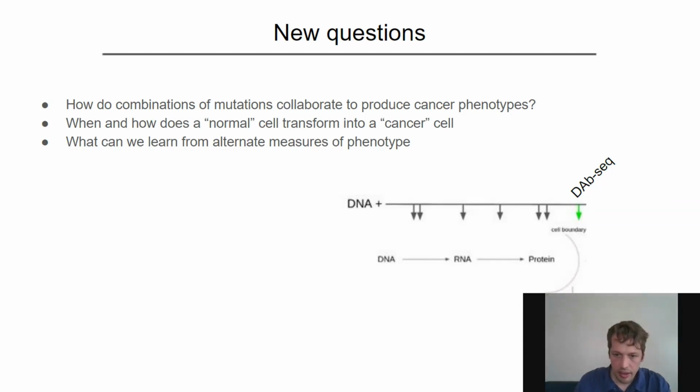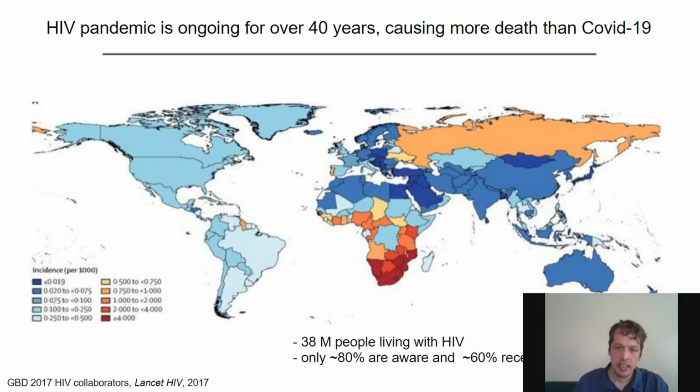And so I was thinking particularly of HIV. HIV is a viral pandemic that has been ongoing for a long time. It still has caused more death than the recent COVID pandemic. And so it seems like a really valuable and interesting target.